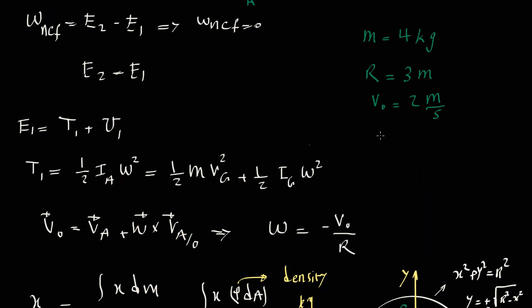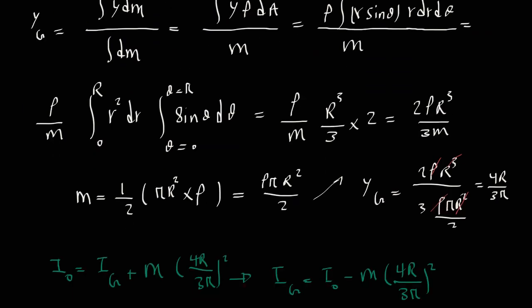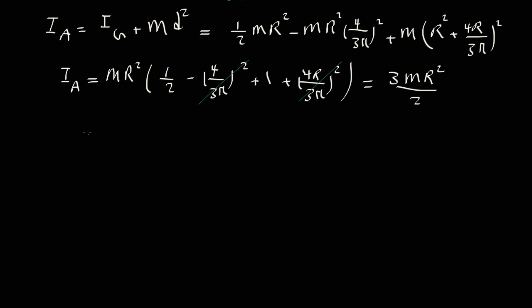Okay, so now that we have IA, we can write down the kinetic energy T1, which was 1 over 2 IA omega squared. And omega, remember, omega was V naught over R. So I can say T1 is equal to 1 over 2 I, which is 3 m r squared over 2, times omega squared, which was V naught over R, or minus, doesn't matter, squared.